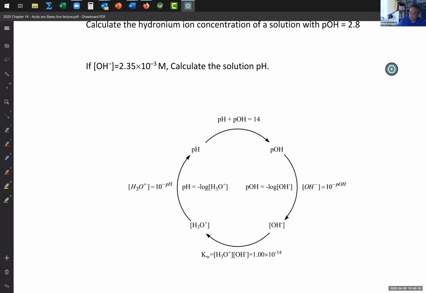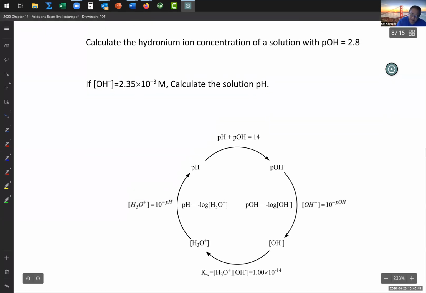So, for example, let's see. I'll put my virtual background back on. We'll be in the San Francisco Bay Area at some point. We'll take a look at this problem. It says calculate the hydronium ion concentration when the solution has a pOH of 2.8.